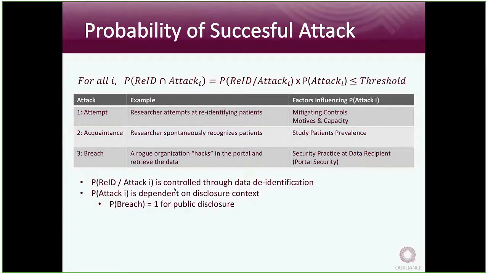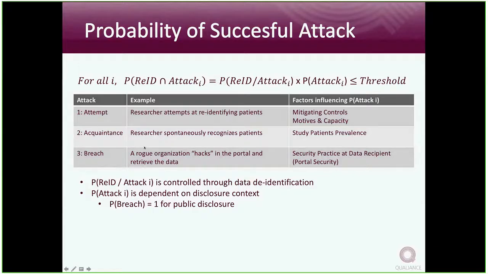And again, this assumes that we are sharing data via a portal and there are controls in place. But let's say a researcher, despite having signed a data sharing agreement and having access to a portal, will still try to identify patients. This is still something that is possible and even plausible, which will lead to the first type of attack.